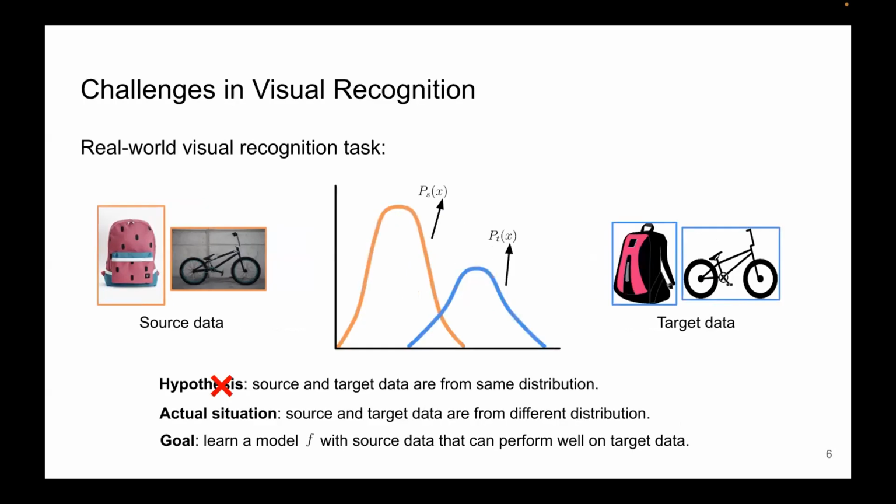However, in reality, we usually have the situation where the source data and target data are actually from different distributions, as you can see from this figure. The source distribution is similar as before, but for the target domain, you can see some visual differences by comparing the source images and target images. Although they represent the same concept, the backpack and the bicycle, one set is images from the real world, with some background and some noise.